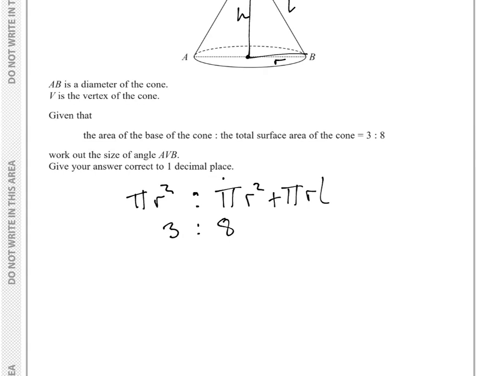So pi r squared divided by 3 equals pi r squared plus pi r l divided by 8.